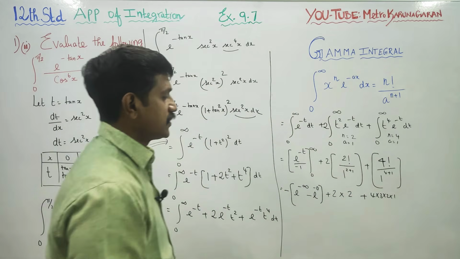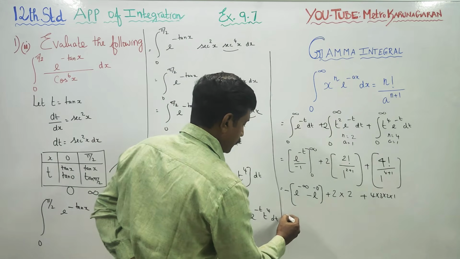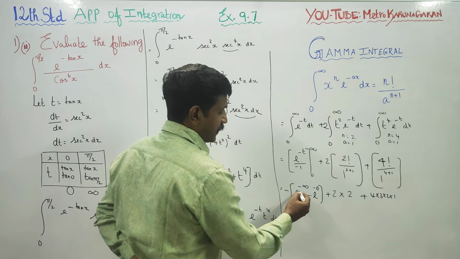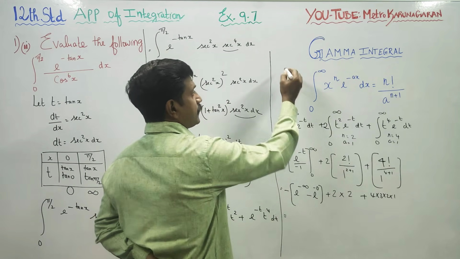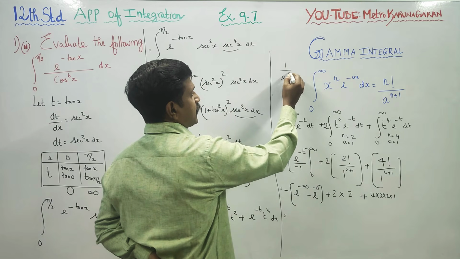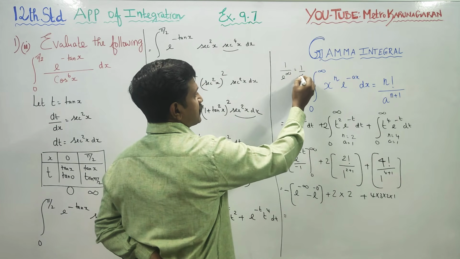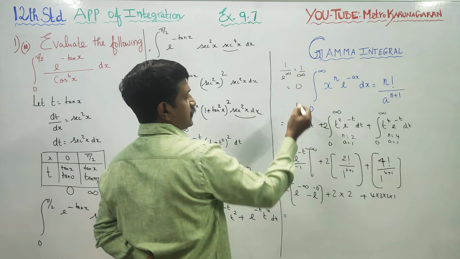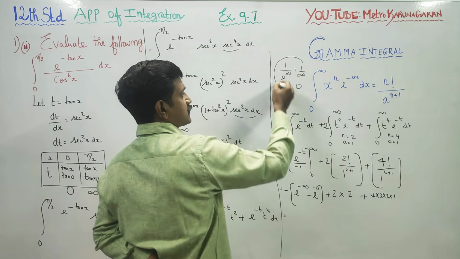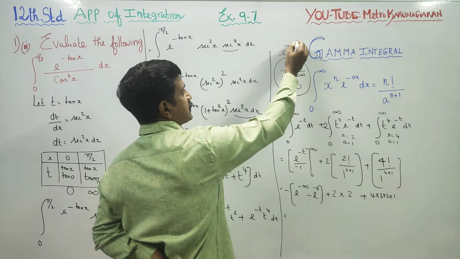E power minus infinity is 0. Or you can write this as 1 by e power infinity. E power infinity is infinity, and 1 by infinity becomes 0.